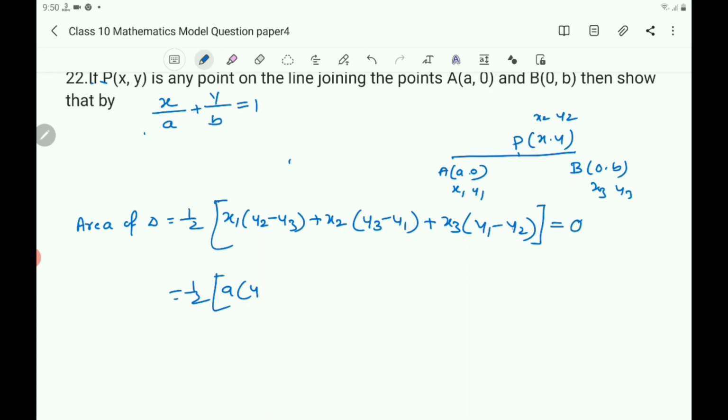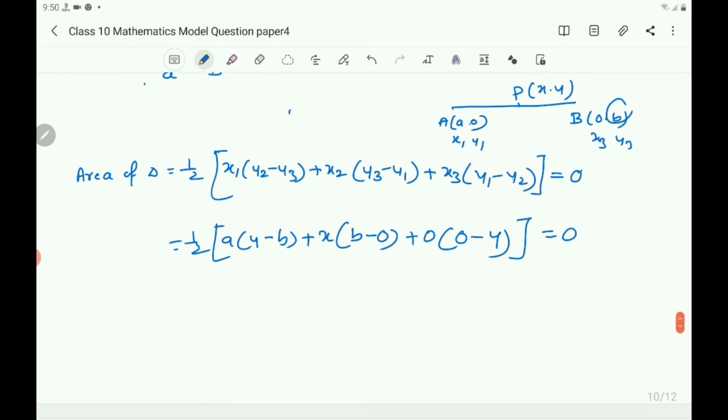So you take y2 is y minus y3 is b, y minus b, plus x2 is x, y3 is b minus y1 is 0, plus x3 is 0, y1 is 0 minus y2 is y, that equals 0.